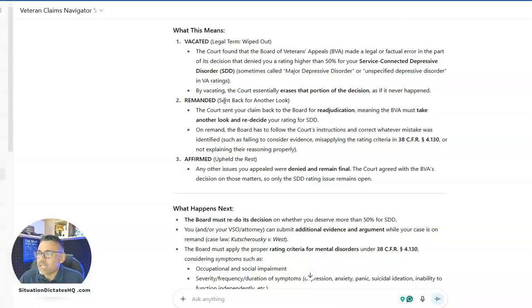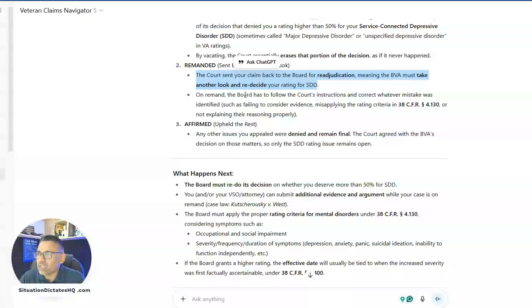Remanded means sent back for another look. The court sent the claim back to the Board for re-adjudication, meaning the Board must take another look and redecide the rating for SSD. On remand, the Board has to follow the court's instructions and correct whatever mistake was identified, such as failing to consider evidence, misapplying the rating criteria in 38 CFR 4.130, or not explaining their reasoning properly.